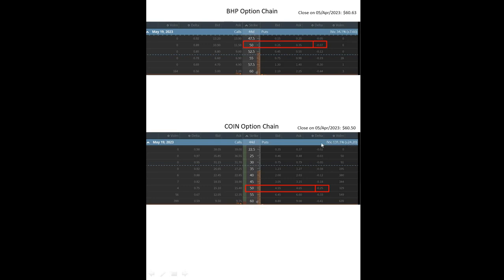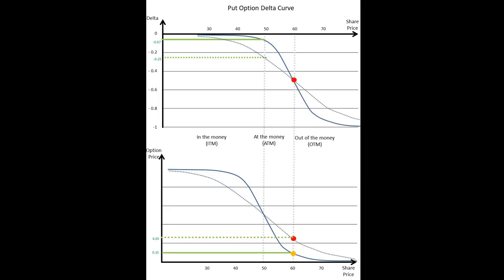So the higher the IVR is, the higher the option prices are. So when you trade options, don't just look at the option prices, but rather look at the IVR as well as the probability of success and the delta curve, which gives you the indication as to how much movement you can expect if the price moves in a certain direction.